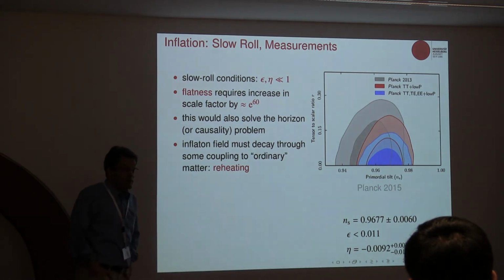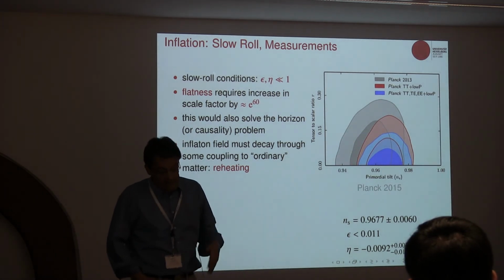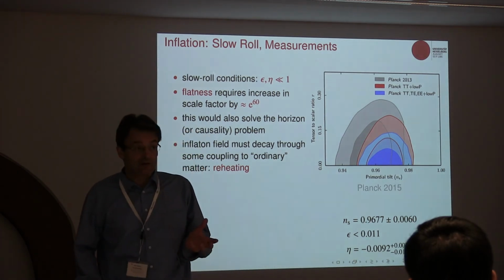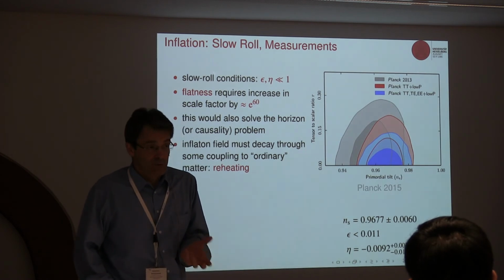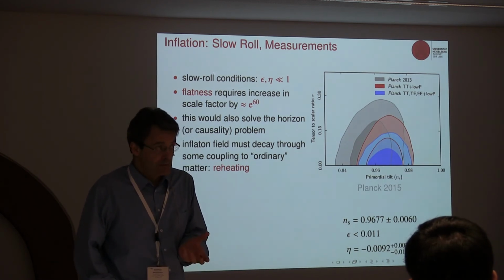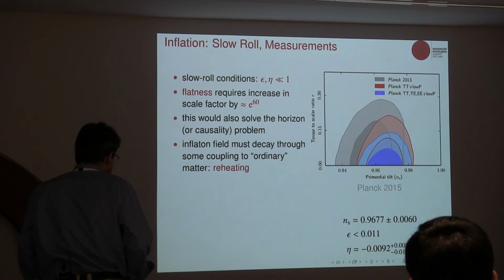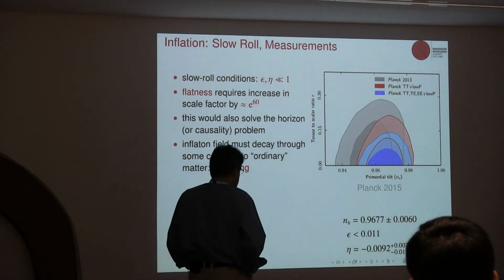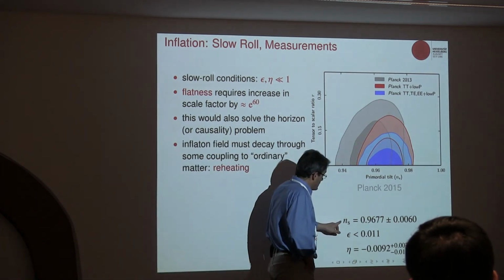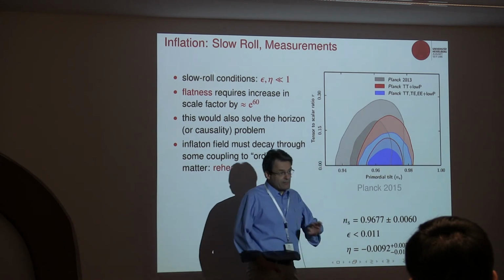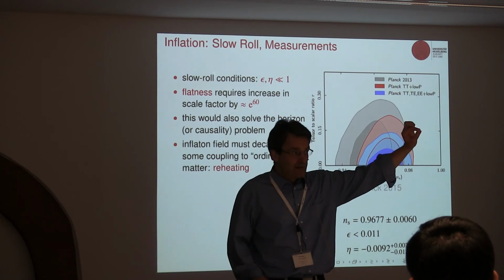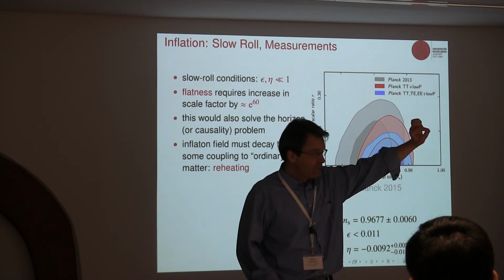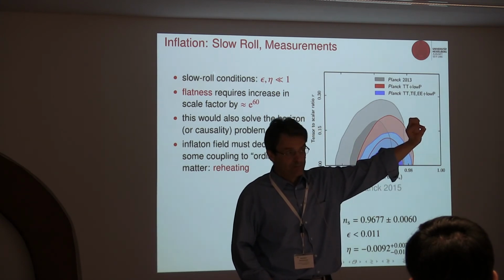So what do we know about these parameters? As I said, the situation without inflation is desperate, right? Because we cannot understand very simple observations of the cosmic microwave background. The situation with inflation is a little bit better. Remember what I said yesterday about the power spectrum having to increase for small wave numbers like k to the power of n, where n is very close to 1.